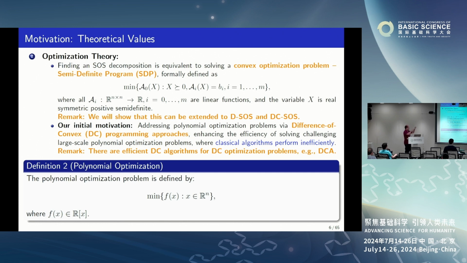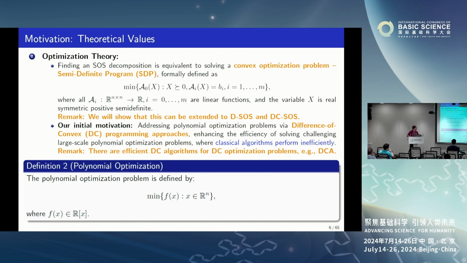There are many people studying this kind of problem, for example, Professor Yuan as well. So there are many interesting techniques to solve this kind of problem efficiently, especially for large-scale optimization. This is our initial motivation to study this problem, and based on this, we have a lot of applications because many application problems can be formulated in this way.